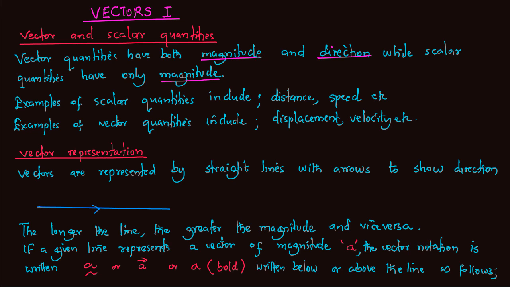In this case, we are interested in both the magnitude and the direction of movement. That is for the case of displacement, while for the case of distance, we are only interested in the magnitude.